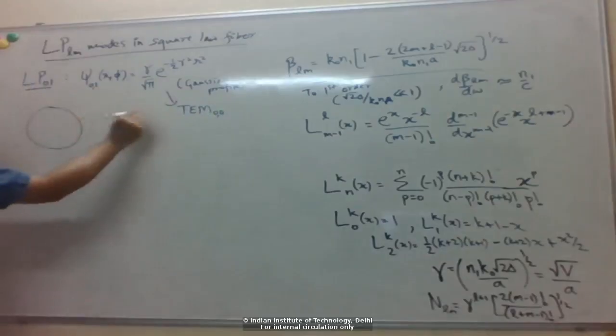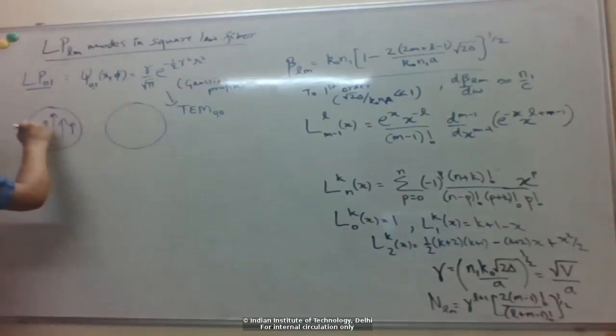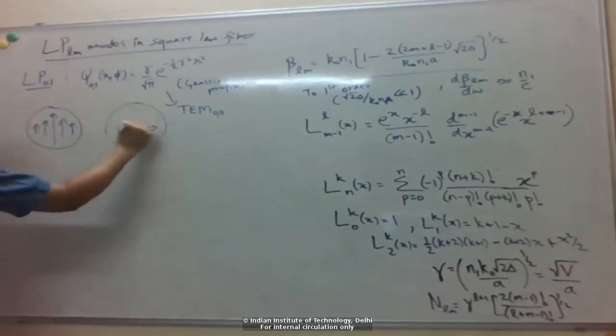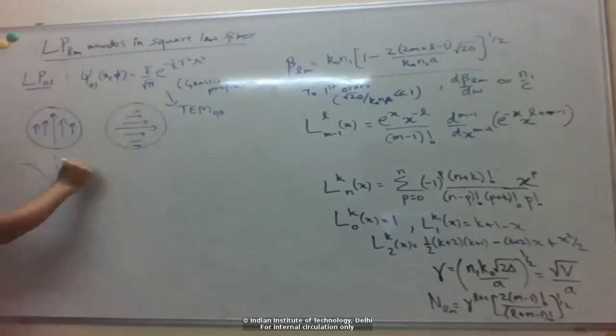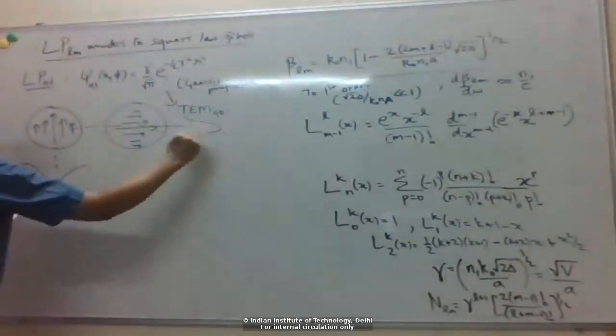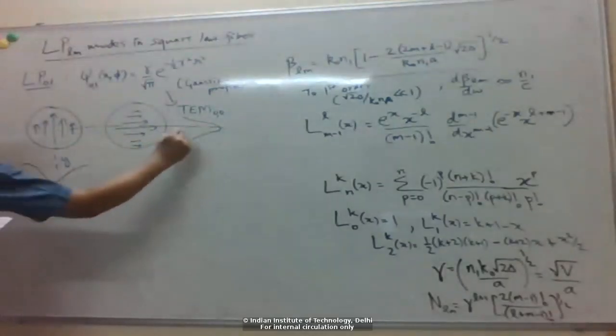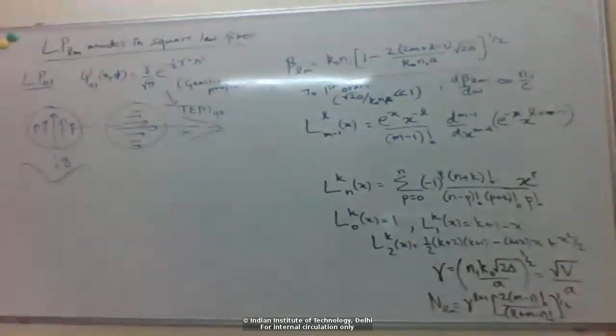Again, we could have two degenerate modes with two orthogonal polarizations, Y polarized or X polarized, but the mode profile is just a Gaussian in both X and Y coordinates, or any radial coordinate. So here the relation between the TEM and LP mode is obvious to see. Now let's look at some higher order modes. So LP11.